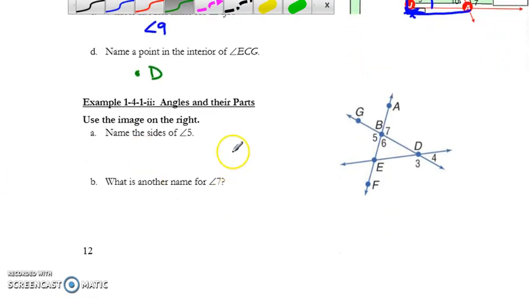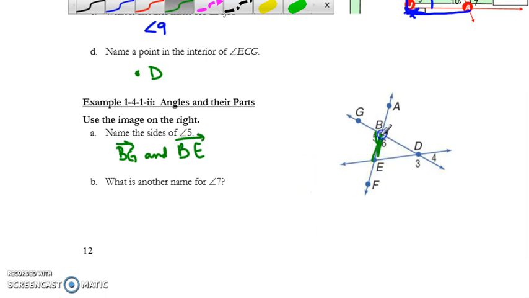So down here, if you want to try these two on your own, go for it. Pause the video, try them. If not, you can follow along as we name the sides of angle 5 here, which would be BG, and BE, this side right here.